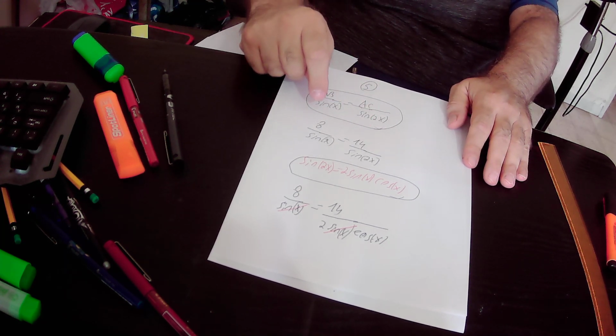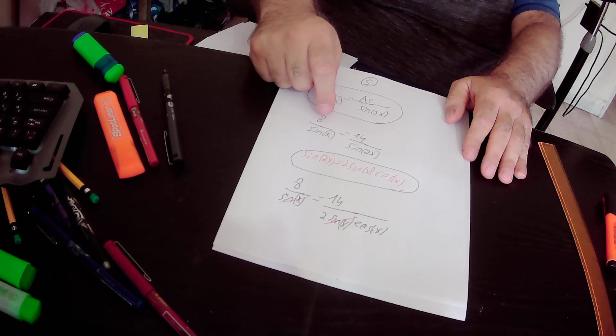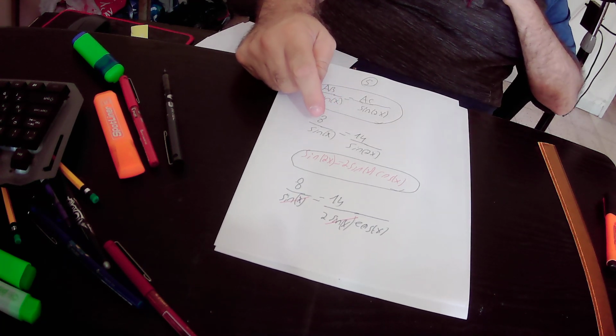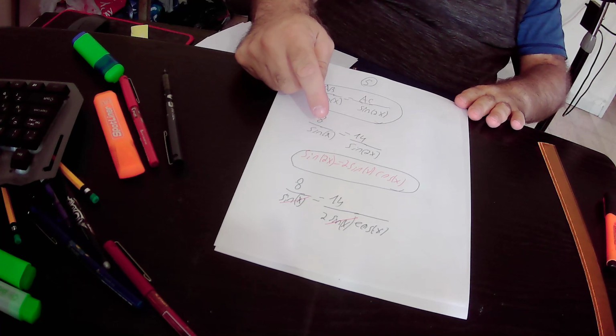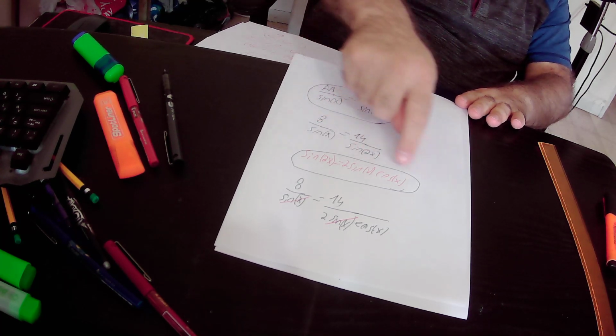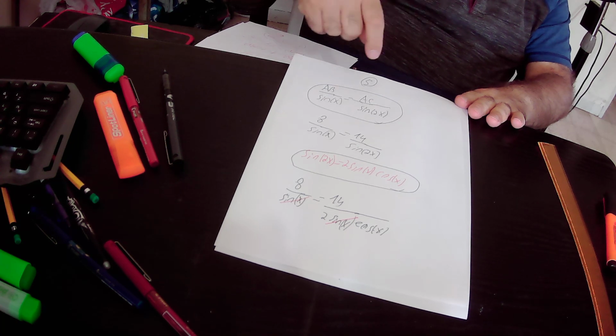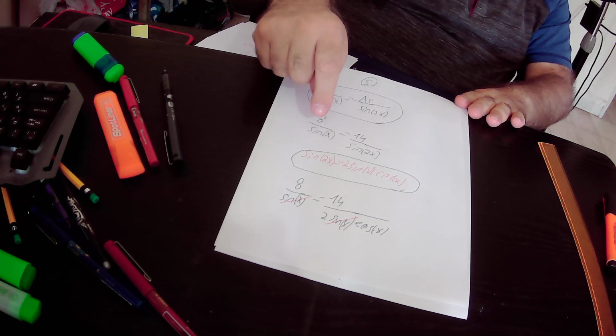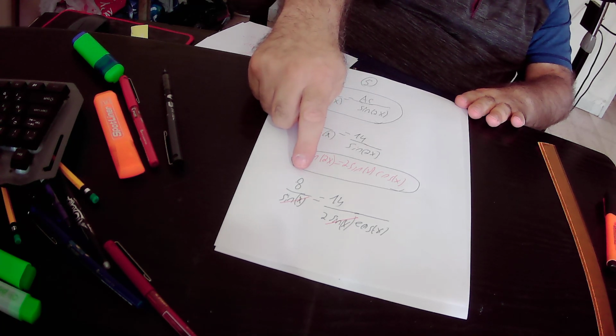And we have the trigonometric identity for sine 2x: sine 2x equals 2 sine x cosine x. So we substitute it, and we got this equality.